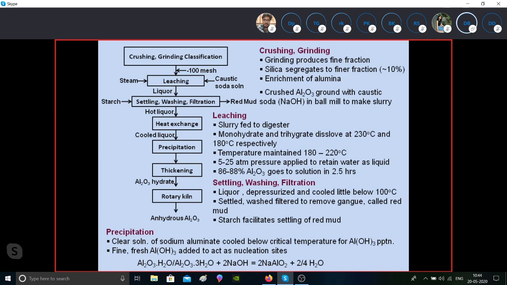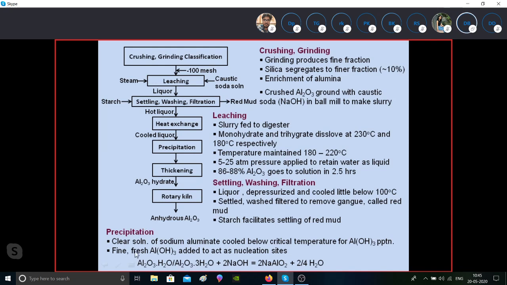This is the clue why, in the entire settling, washing and filtration stage, we cannot afford to bring the temperature below 100 degrees centigrade.